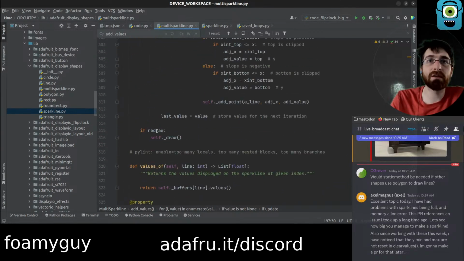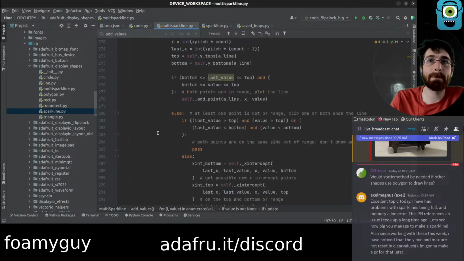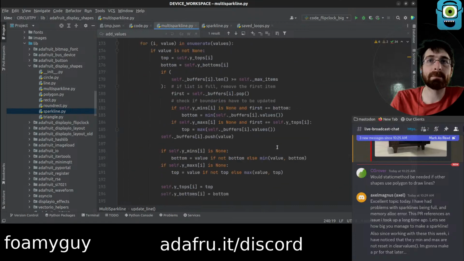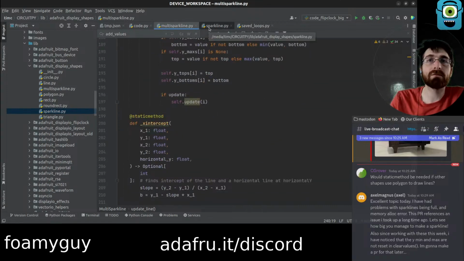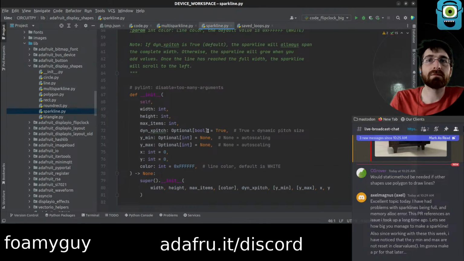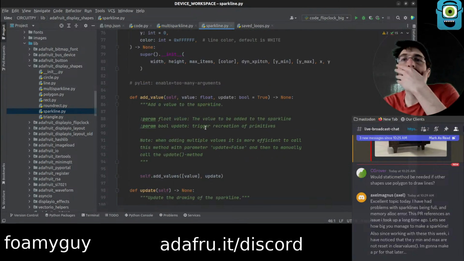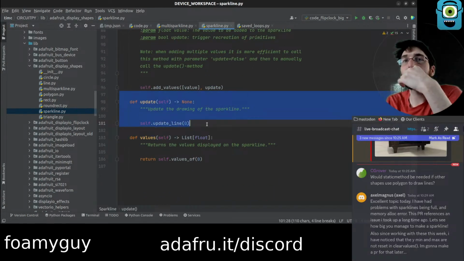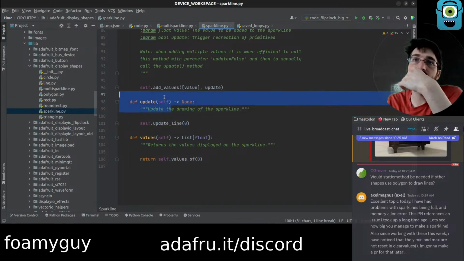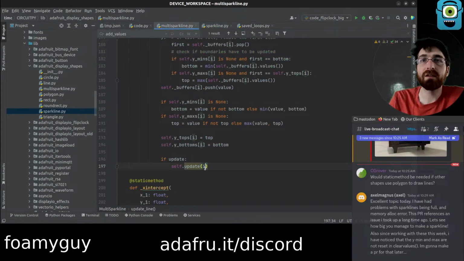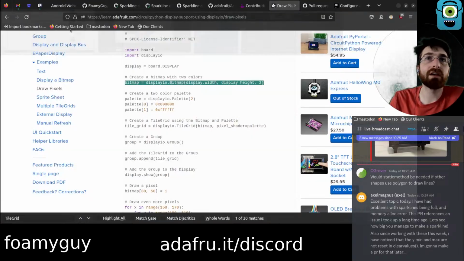It only has update line. So yeah, this is what it was calling, and then it doesn't have the other argument. So that's where the error came from. Okay, so we solved the mystery. I think this does have to be update line.